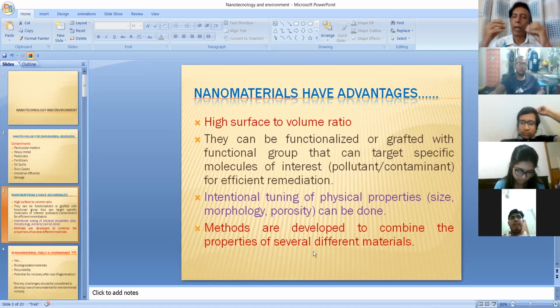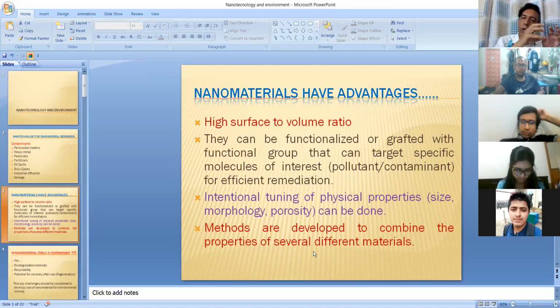Say silver has a definite property, and some metallic semiconductor or a quantum dot has a different property. We can add them both together to get the properties of silver and the properties of your metallic semiconductor.